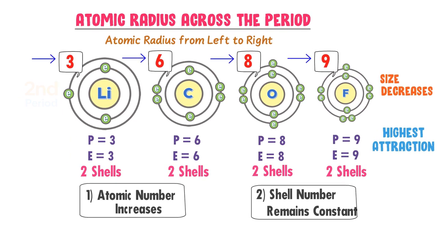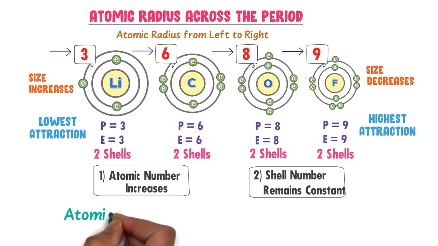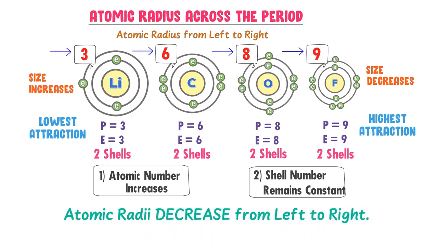On the other side, there is lowest attraction between protons and electrons in the lithium atom because there are only 3 protons and 3 electrons present in it. Due to this lowest attraction, electrons move away from the nucleus and the size of lithium atom increases.